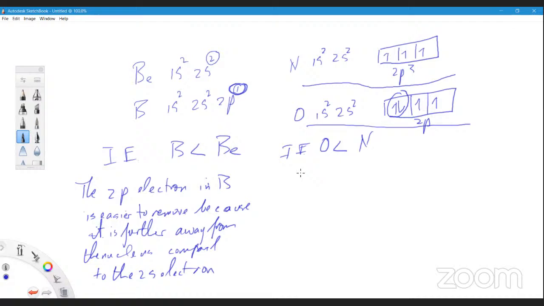So in the case of oxygen, how should I say this?